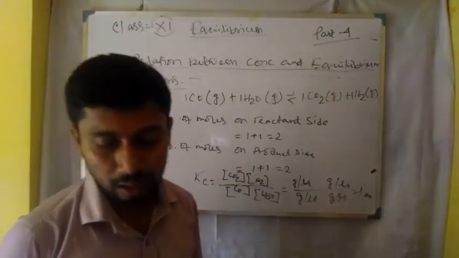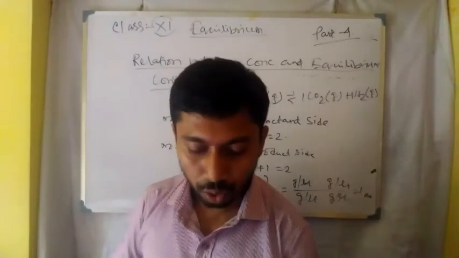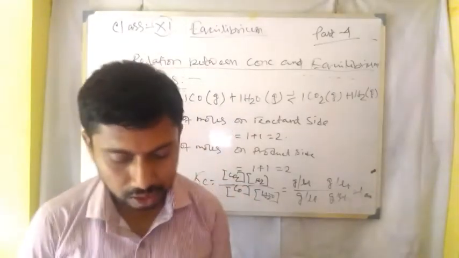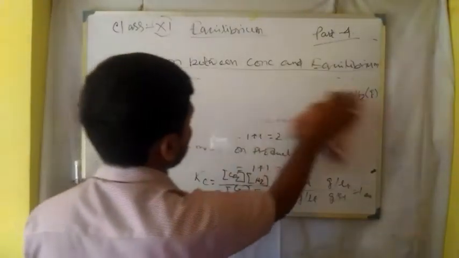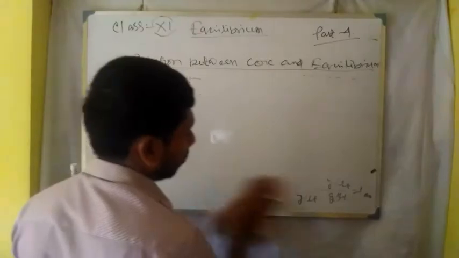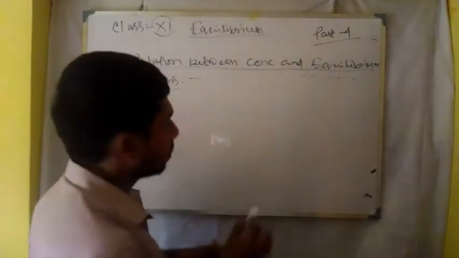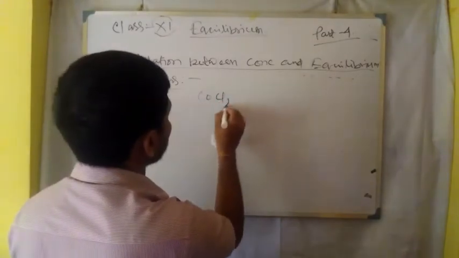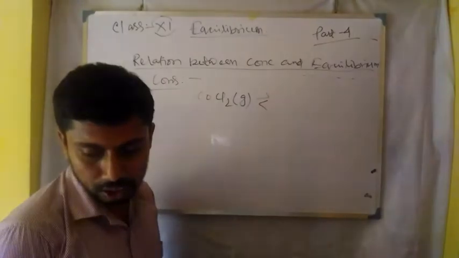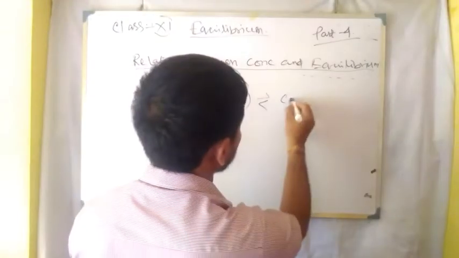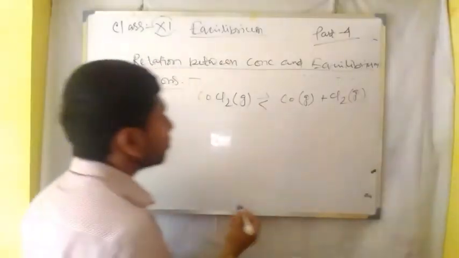But if we take another example, the decomposition of carbonyl chloride, I am writing down the equation on the board. You may also write it in your exercise copy. COCl2 gas, reversible sign, CO gas plus Cl2 gas.